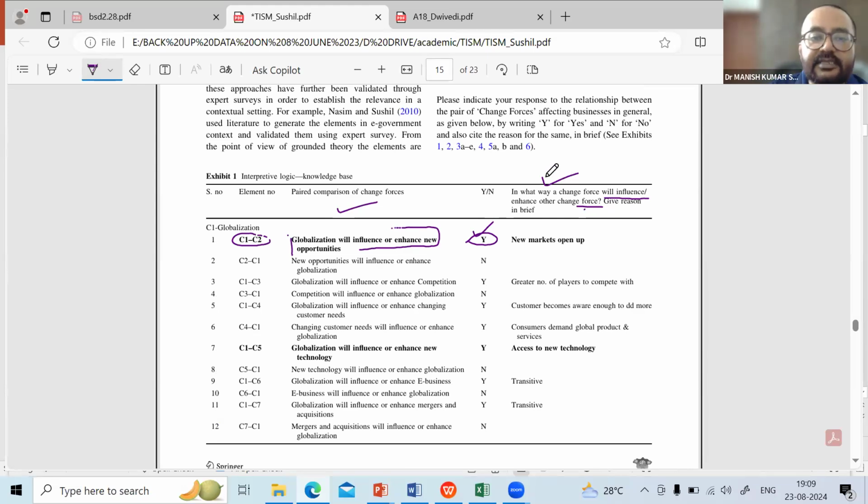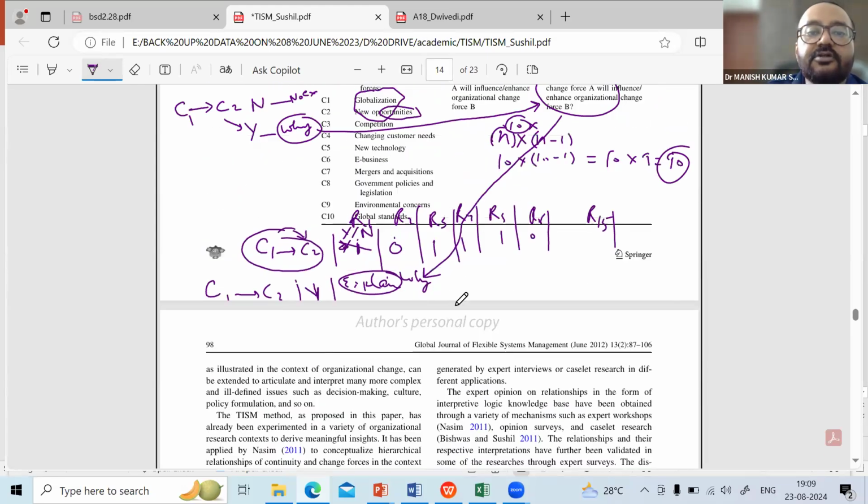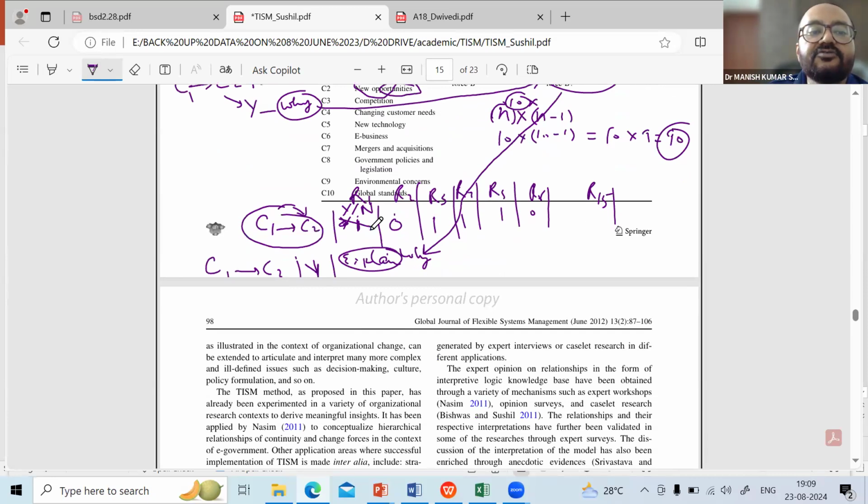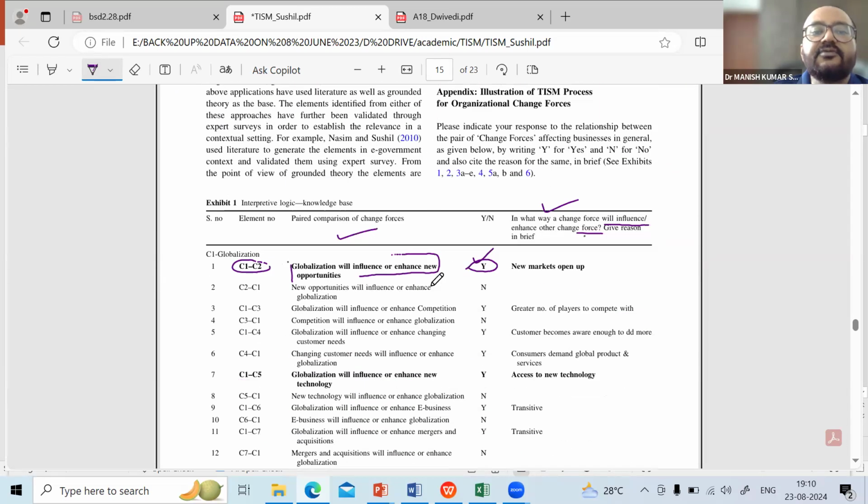I told you, I just show the methodology also here. So finally, C1 to C2, it should be 1 or it should be yes, if more than 50% of people are telling that, okay, they think that there is a relationship impacting, and they are telling the reason also.